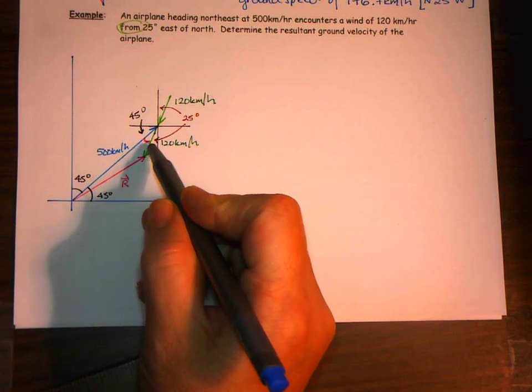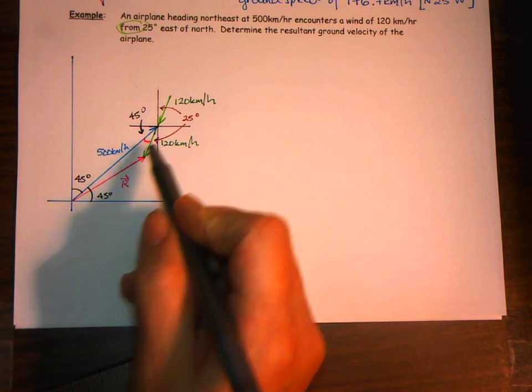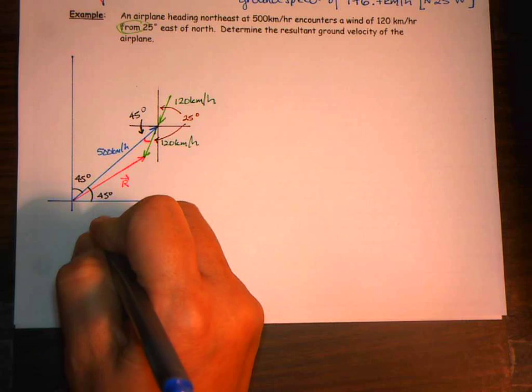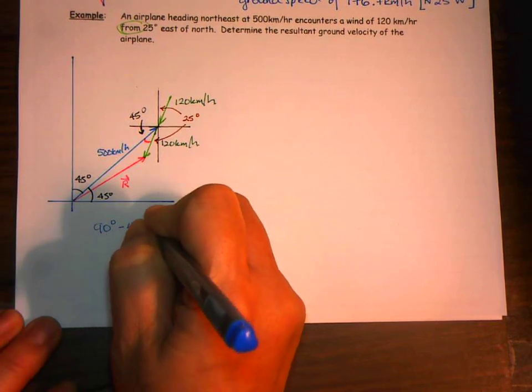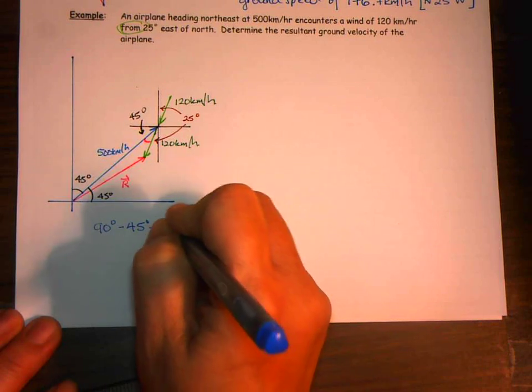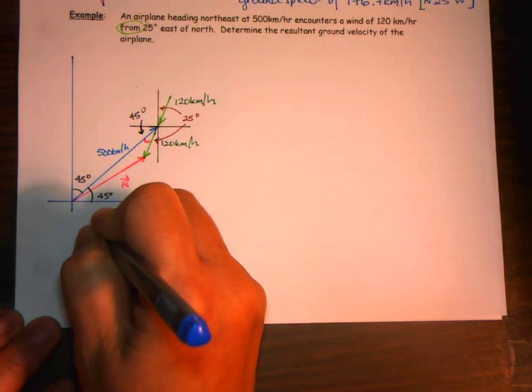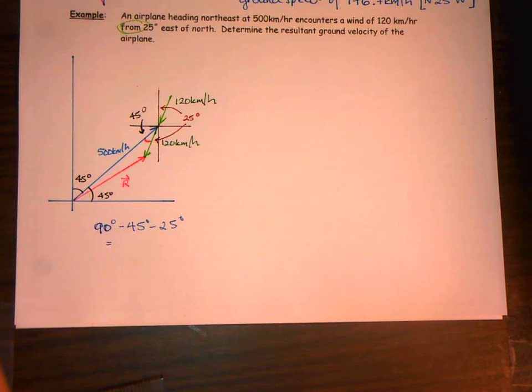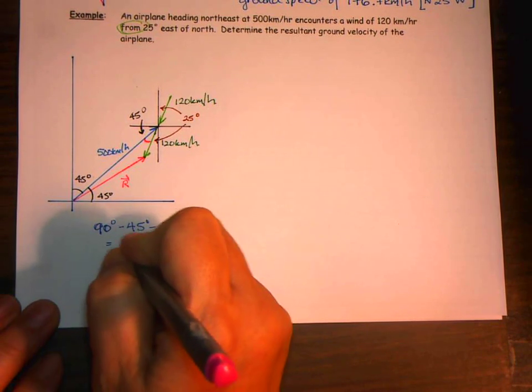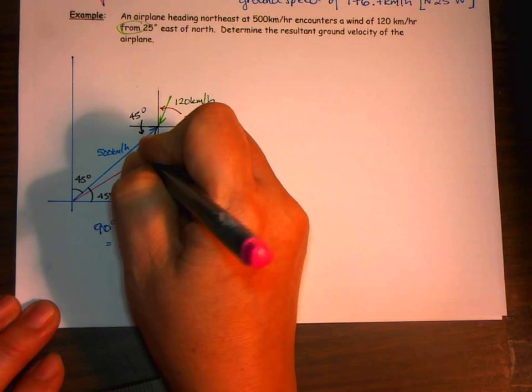We know that this is 90 degrees, so 90 degrees, take away 45 degrees, take away 25 degrees, is equal to 20 degrees. So this little angle in here is 20 degrees.